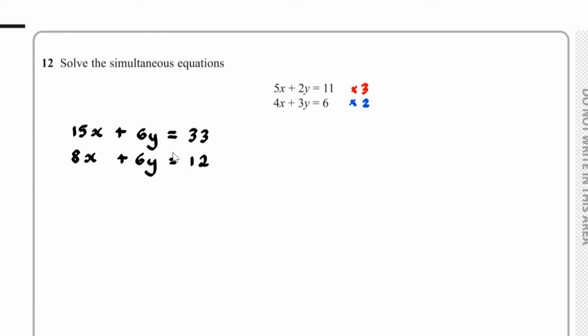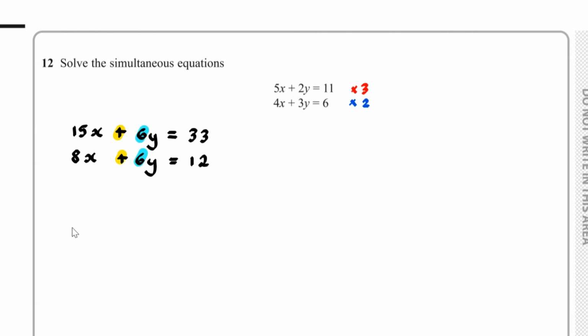So we now have two equations with two unknowns. What you will find is the sign is the same in front of the y's, and the coefficient of y is the same, which means we can subtract these equations.